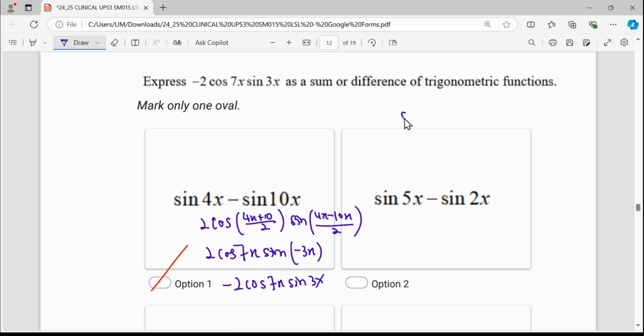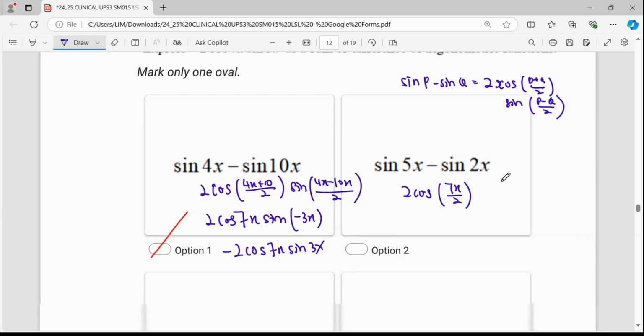Again, sine P minus sine Q will be 2 cos of P plus Q over 2, then sine of P minus Q over 2. So you can test one by one. If this one, it will be 2 cos 7x over 2, so it looks much different.